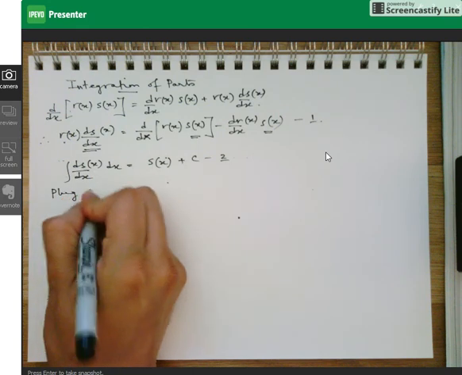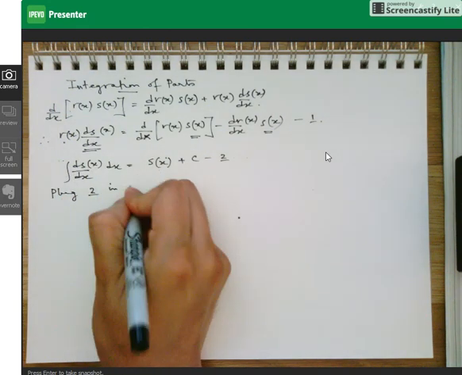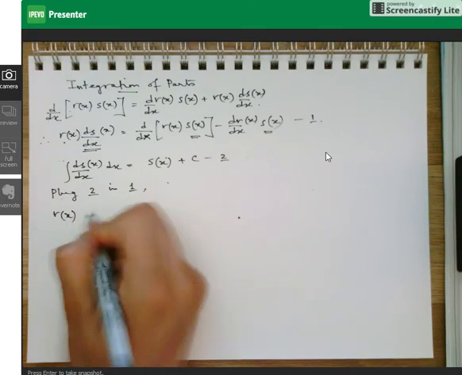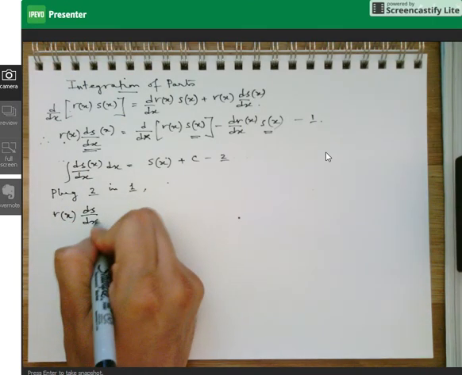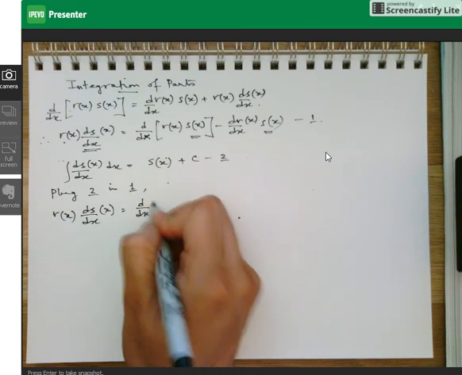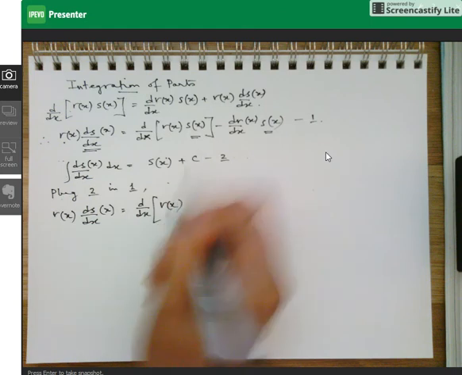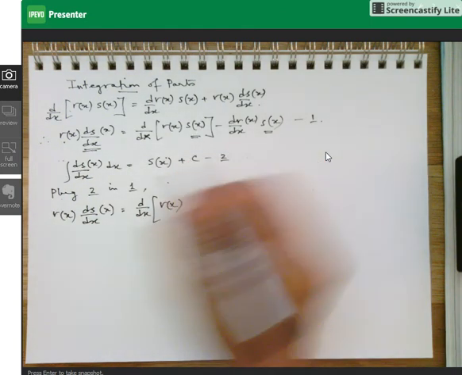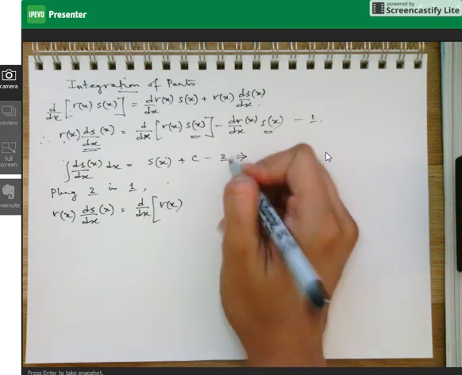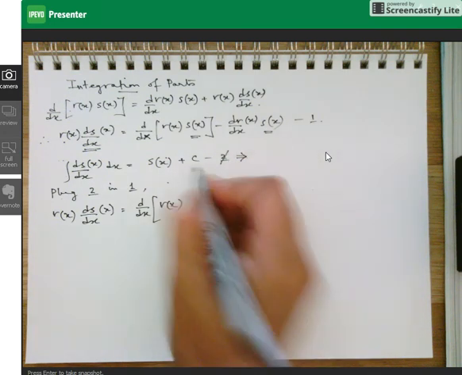Okay, so plug 2 in 1, then what do we get? We get r of x times ds/dx is equal to d/dx of r of x and s of x. Okay, so let's not call this equation 2.